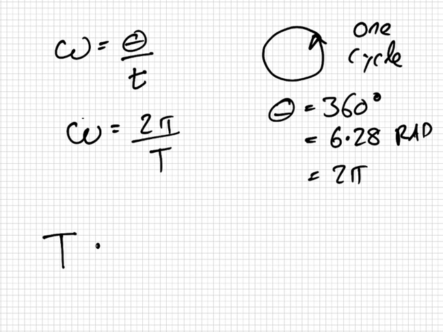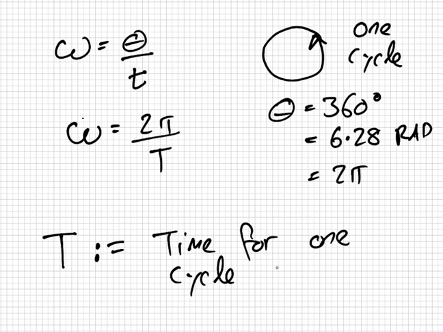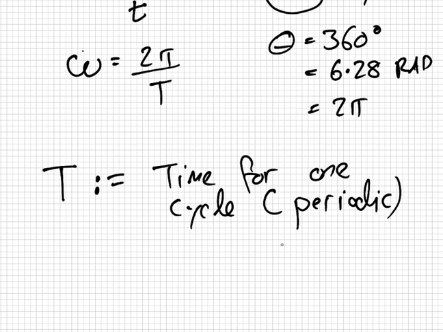So if I call big T the time for one cycle, there's a special word for that, you had it, period time or periodic time. We have this formula now. We can say big T equals 2 pi over omega.